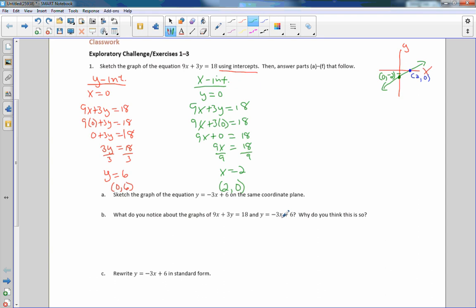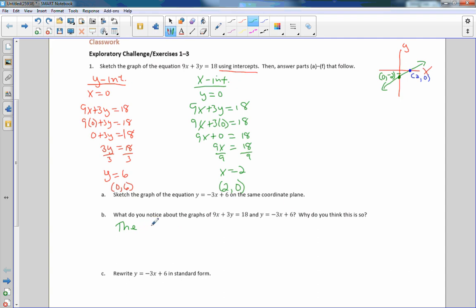B, what do you notice about the two graphs? What do you notice about the graphs of 9x plus 3y equals 18 and y equals -3x plus 6?